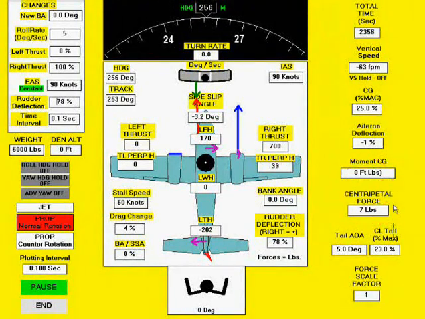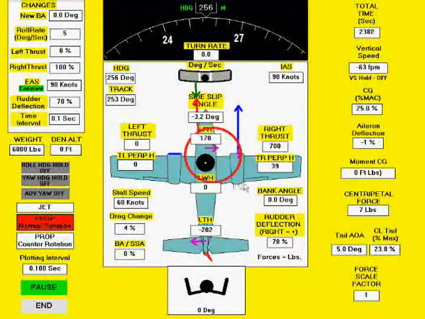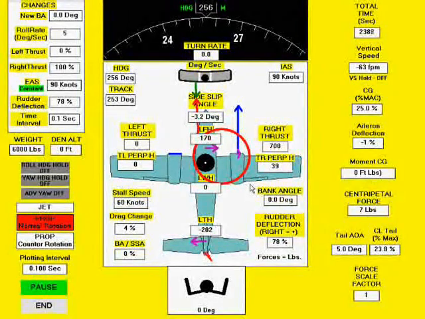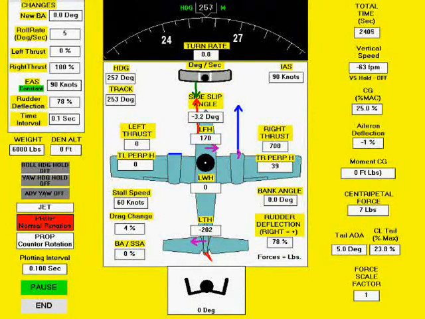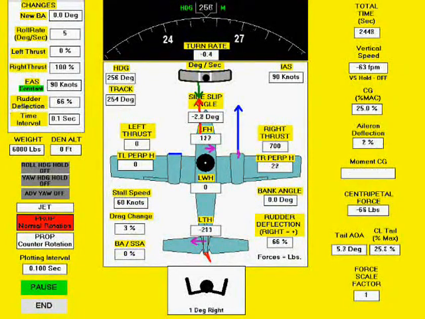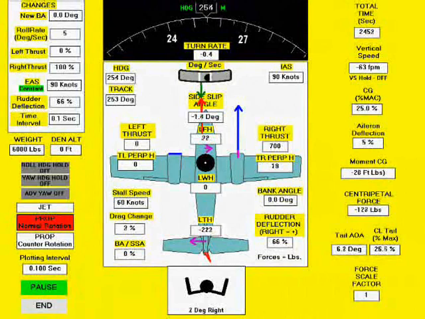Notice that to stop the turn by reducing the centripetal force to near zero, fuselage lift is necessary to cancel out the lift provided by the vertical tail. The ball is now centered, but the sideslip angle is over 3 degrees. By reducing rudder pressure, the sideslip angle can be reduced to 0.